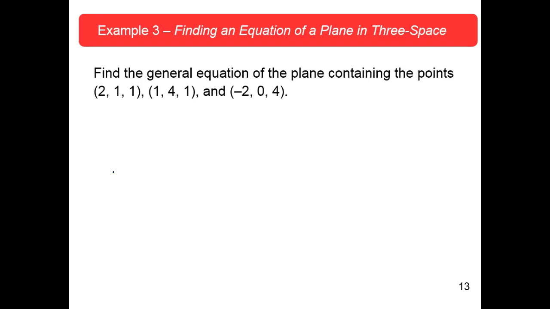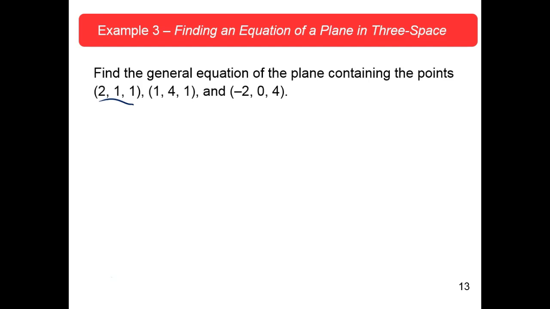Okay? So what we do, we pick one of these, and it doesn't matter which one. They chose this one. Okay? Now, that gives you the point, your x1, y1, z1. Okay?